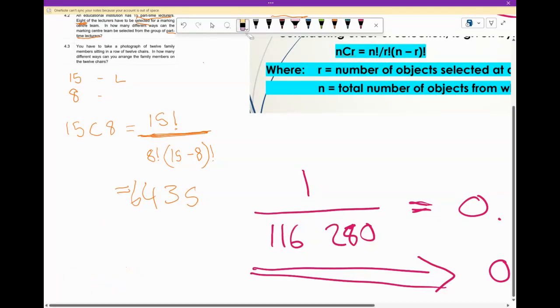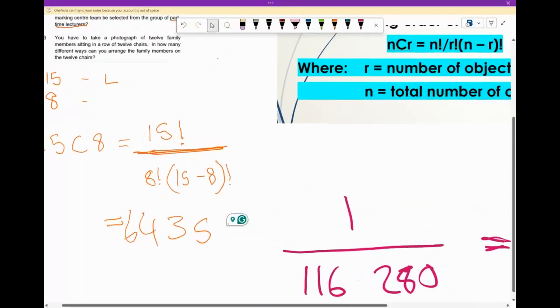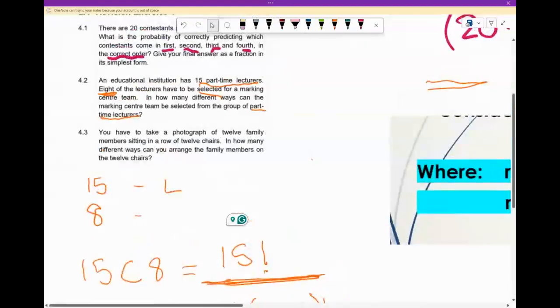Then the last one. I think they've saved the best for last here, in my opinion. They asked the following question: you have to take a photograph of 12 family members sitting in a row of 12 chairs.